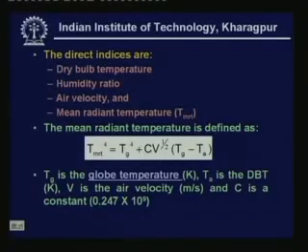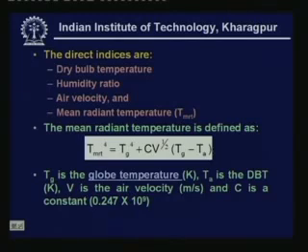The direct indices are dry bulb temperature, humidity ratio, air velocity and mean radiant temperature. We know dry bulb temperature, humidity ratio and air velocity. Mean radiant temperature is a new parameter, and the mean radiant temperature T subscript MRT is defined by this equation: T_MRT to the power of 4 is equal to Tg to the power of 4 plus C V to the power of half into (Tg minus Ta), where Tg is called the globe temperature, Ta is the dry bulb temperature, V is the air velocity and C is a constant whose value is 0.247 into 10 to the power of 9.